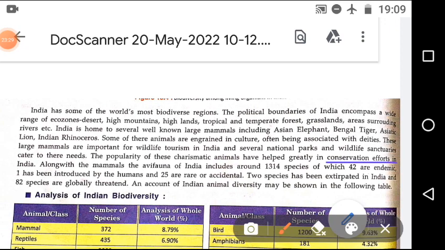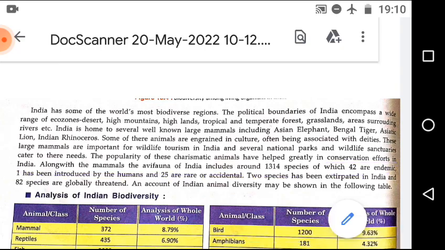Then it is saying, along with the mammals, the avifauna of India includes about 1,314 species, of which 42 are endemic.